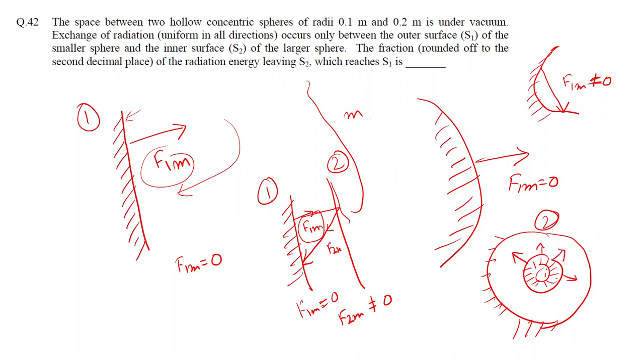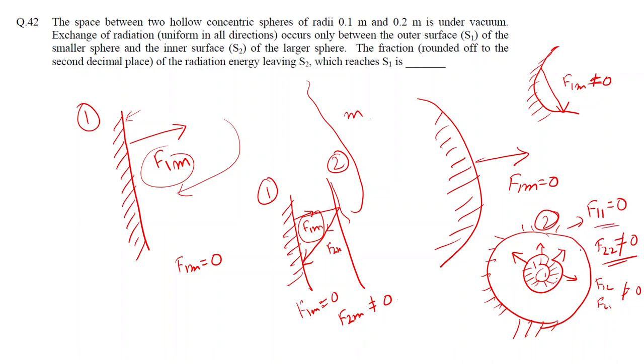It will come back to the first surface only after reflecting from the second surface, and in that case it will be F21. That is why we are treating F11 as equal to 0. F22 will not be equal to 0. Similarly, F12 and F21 won't be equal to 0. Only F11 will be equal to 0.